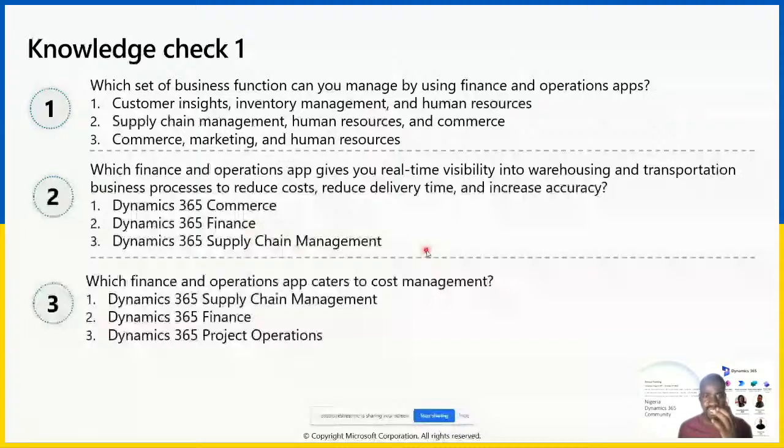With commerce, we can use our sales orders, our customer invoices, our customer payments. With finance, we can manage things like our chart of accounts, main accounts, our bank, our cash. With supply chain, we can manage things like our products, inventories, our sites, our warehouses, and also manufacturing.